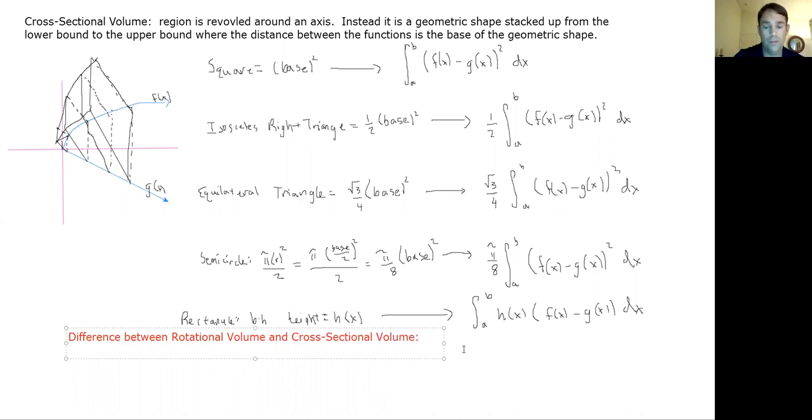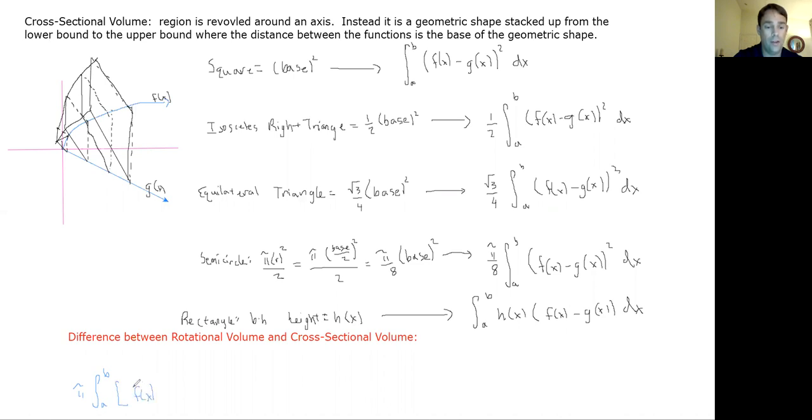And that big difference is on a rotational volume, we always take, where the constant is always pi, that's first, but what it ends up being is some function expression squared.